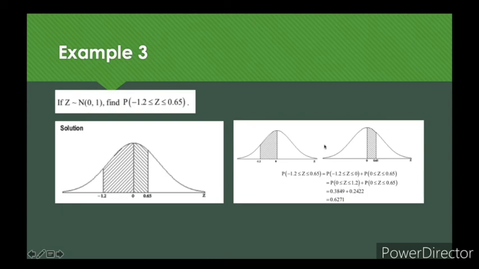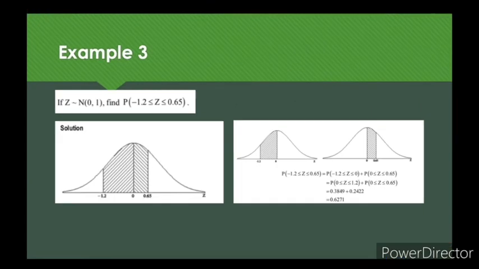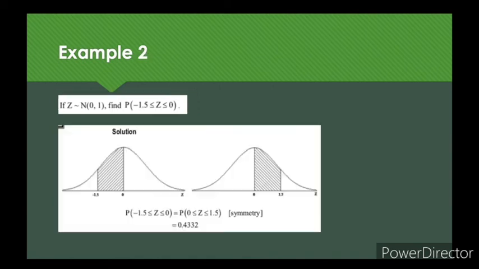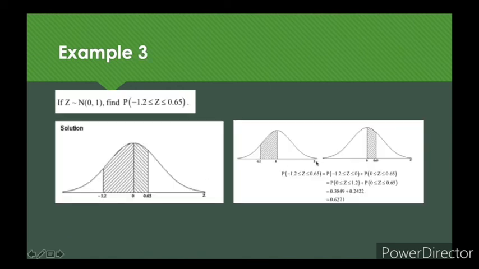The probability from negative 1.2 to 0 will be equal to the probability of z from 0 to 1.2, remember the previous example number 2, because it is symmetric. So how do we get this number?